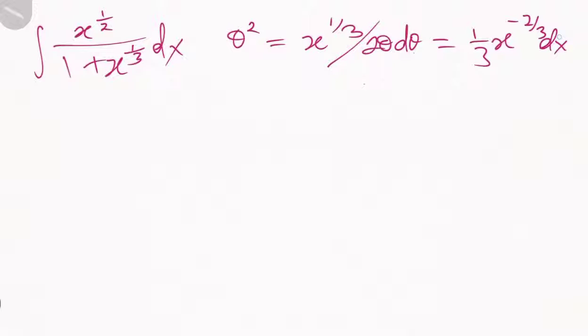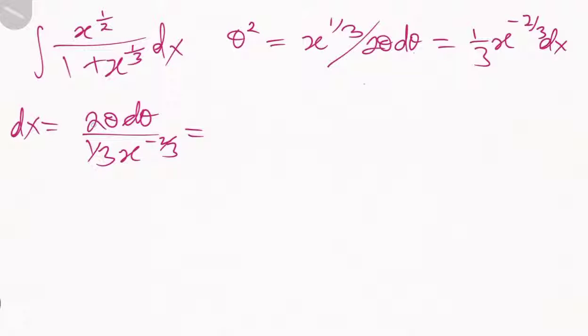What is dx from here? dx is going to be equal to 2 theta d theta over 1 over 3 and x to the power of minus 2 over 3.